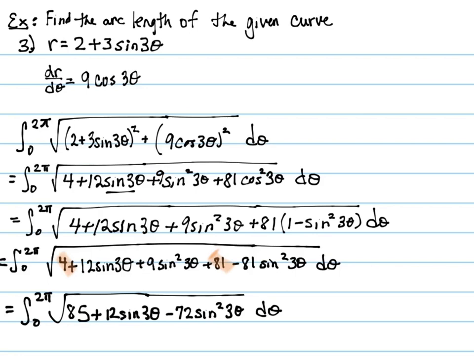All right, so you're going to have to manipulate. We're changing what we have in here already. So we'll have the square root of 85 plus 12 sine of 3 theta minus 72, and then I need sine of 3 theta squared, like that. So make sure you do some double parenthesis stuff going on, depending on what mode you're in.